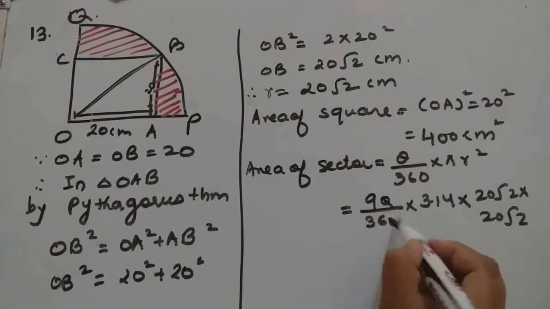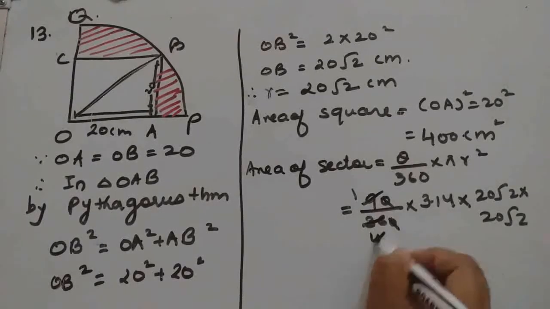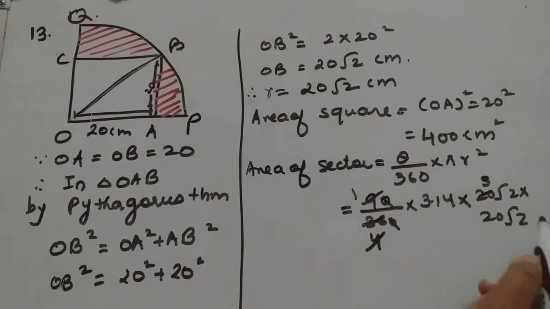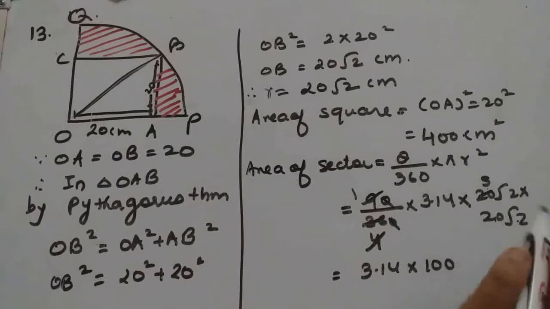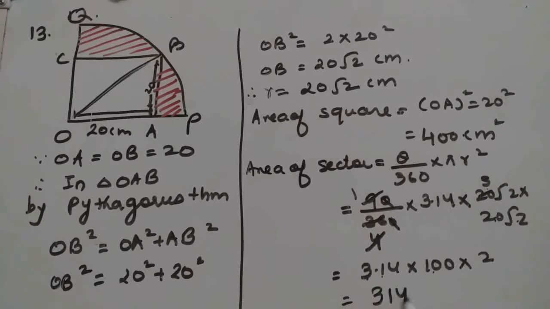This will go: 9 4s are 36, 4 5s are 20. Now 20 into 5 is 100, and root 2 into root 2 is 2. So this 314 will remain, isn't it? This decimal will shift two places to the right, into 2. So this will give 628 centimeter square.